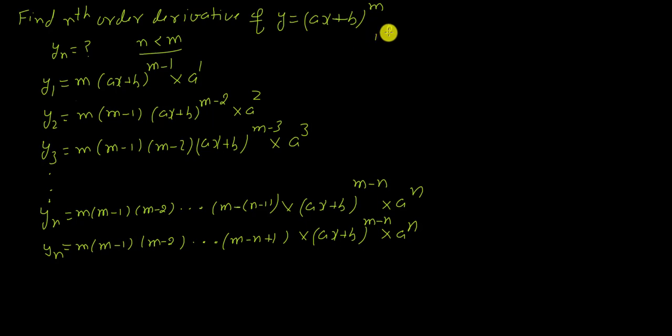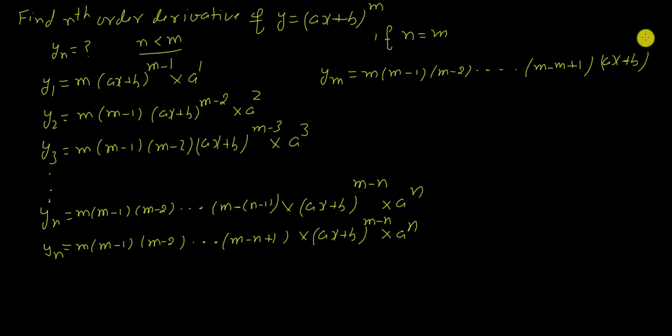What happens if n is equal to m? In this case, ym will be m minus 1, m minus 2, up to here will be m minus m plus 1. Okay, and it will be (ax plus b) raised to the power m minus m into a raised to the power m.